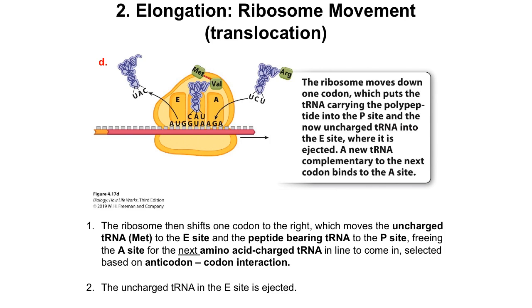Now, to avoid confusion, let's just stick with what your textbook says about the formal start of elongation as the ribosome movement, or technically called translocation.